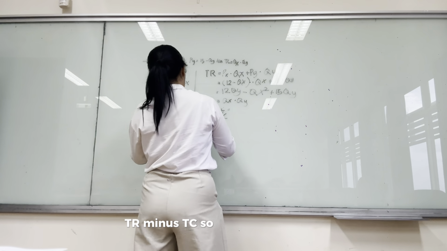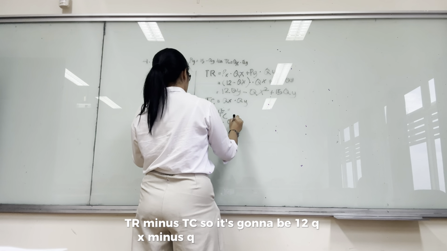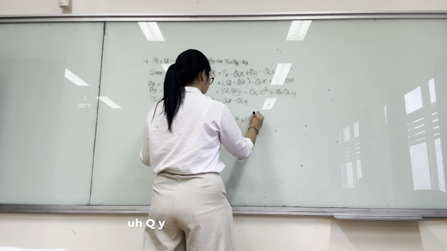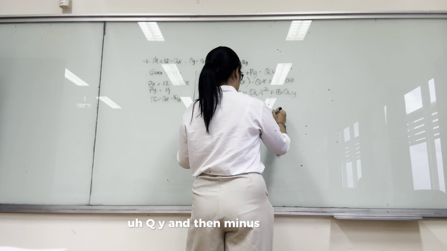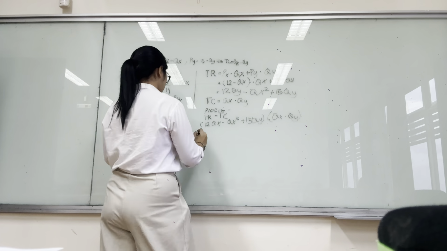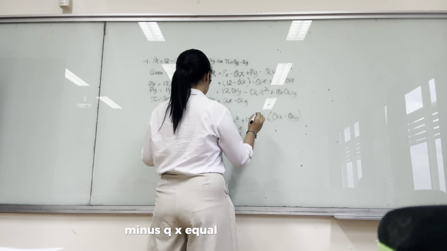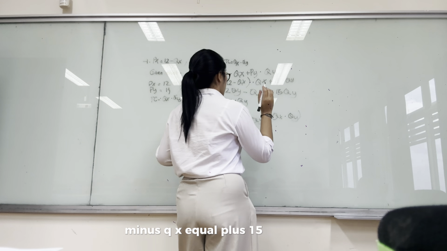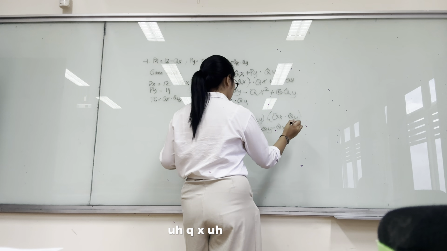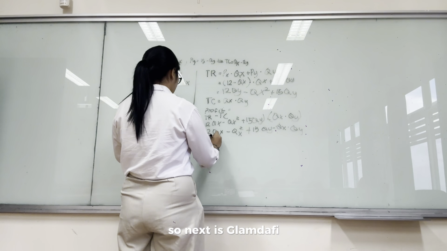So it's gonna be 12Qx minus Qx squared plus 15Qy minus Qy squared, and then minus Qx times Qy.